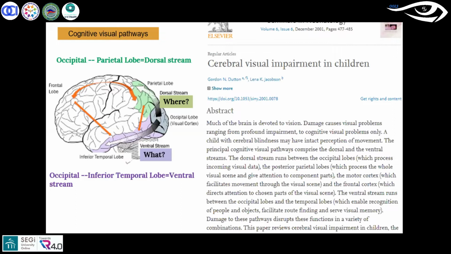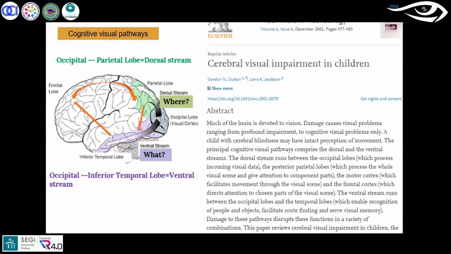The cognitive visual pathways are comprised of the dorsal stream and also the ventral stream. The dorsal stream runs between the occipital and parietal lobe, whereas the ventral stream runs between the occipital and inferior temporal lobes. Between these two, there is integration between the two visual streams.